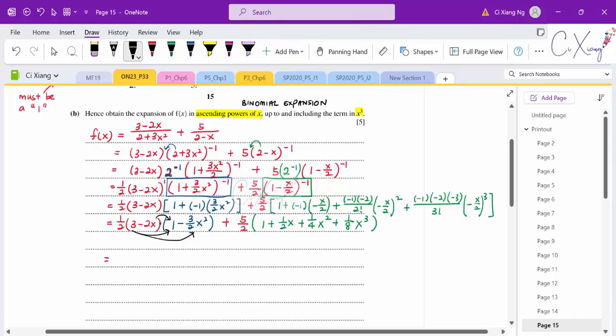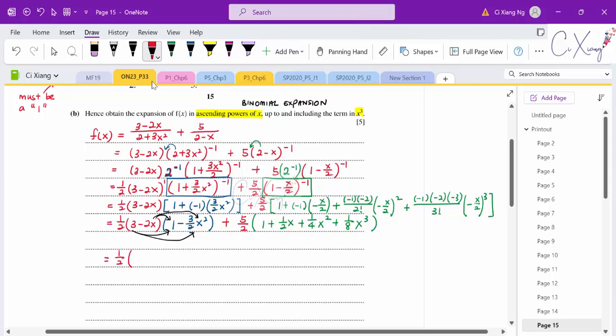For me, I will ignore 2x multiply with negative 3 over 2x squared, because if I'm having x multiply with x squared, oh sorry, I need to consider it also because we have x power 3. Sorry for that. So you have to expand it also, so that you get in terms of x power 3.